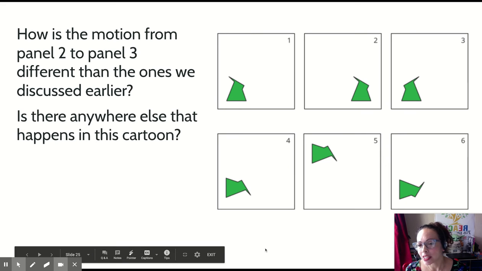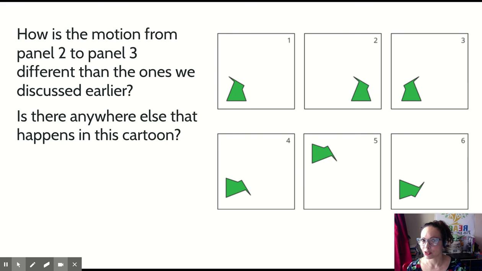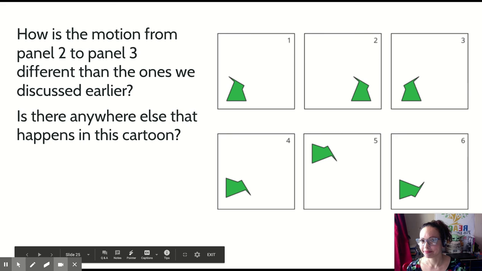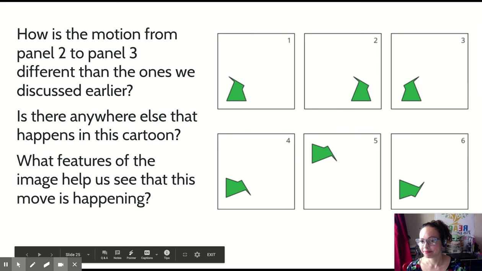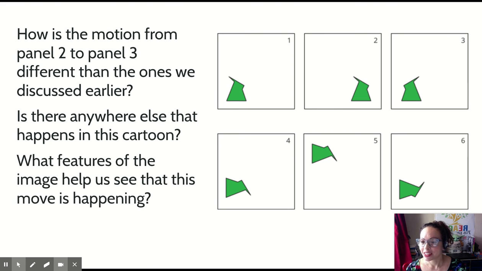Is there anywhere else that that type of a movement happens in this little cartoon? And what features of the image help us to see that that type of move is happening?